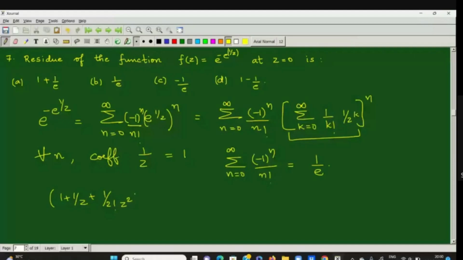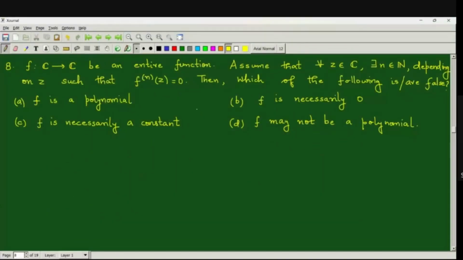So now we are going to start with an entire function. What is given is that for each point in the complex plane, there exists a natural number, which will of course depend on z, such that the nth derivative of f at the point z is going to be 0.